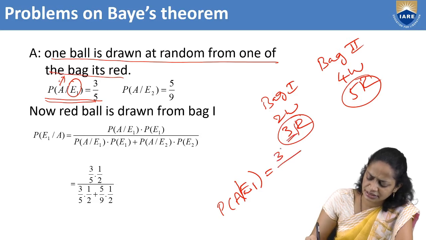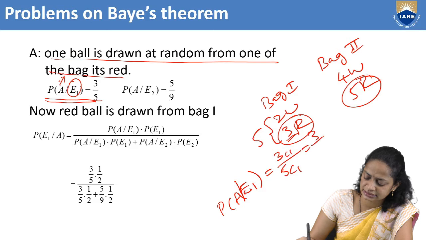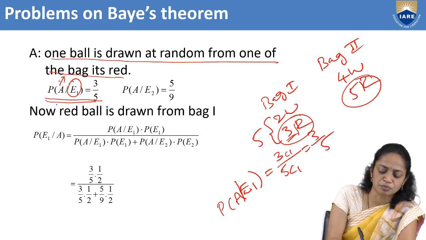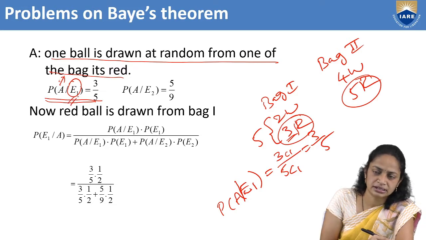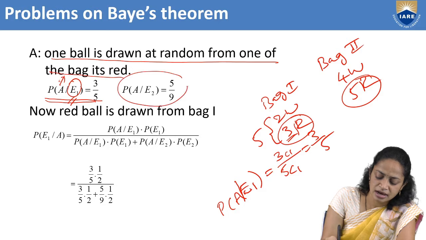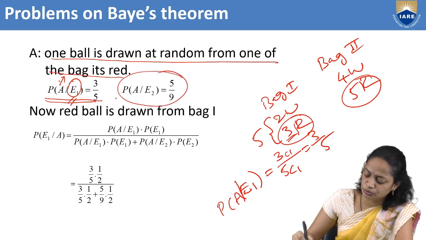So that means 3C1 divided by how many balls are there? 5 balls, so 5C1. That means 3 by 5. So probability of A given E1, we have to choose a red ball from E1, which is bag 1, right? Like that we have to find probability of A given E2.